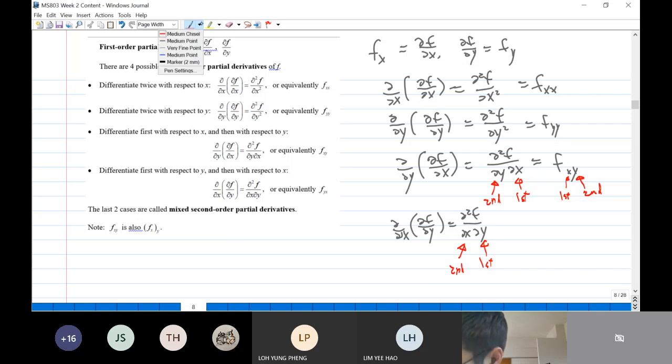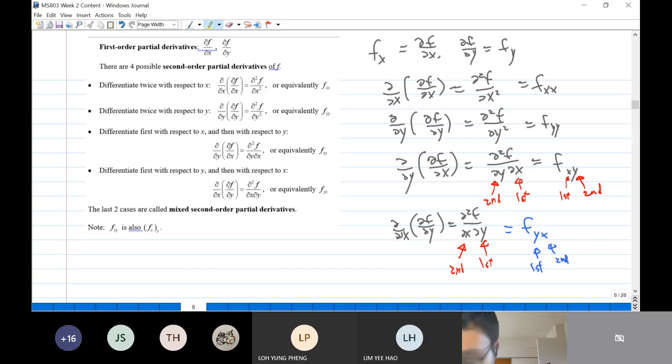So you can also write it as f yx, meaning y is the first one, second is x. This is the notation, but the common one is something like this. People remember which one is x and y, which one is first and which is second.